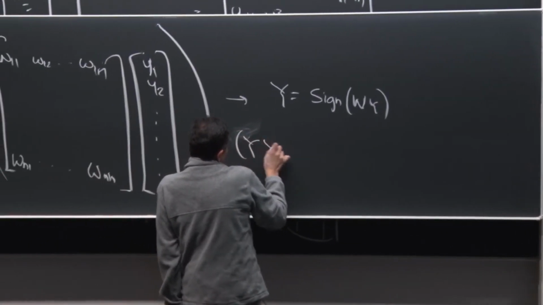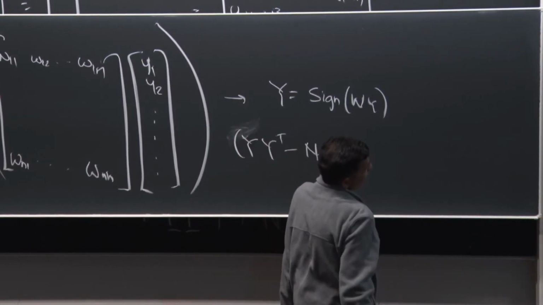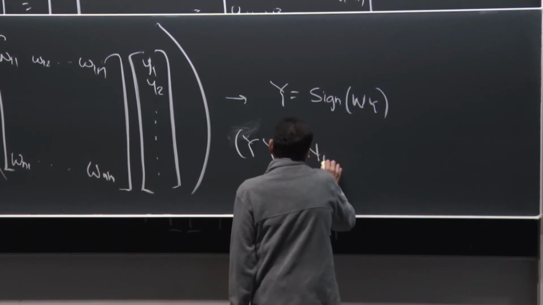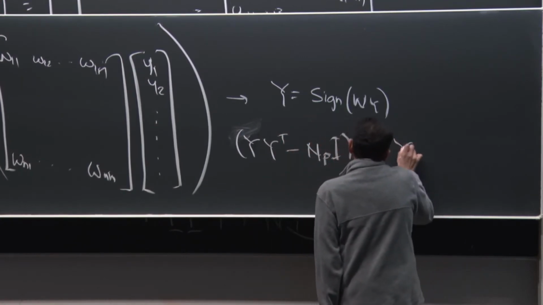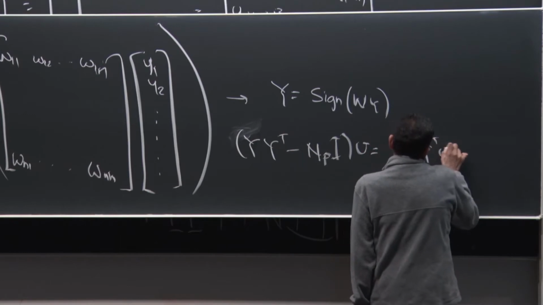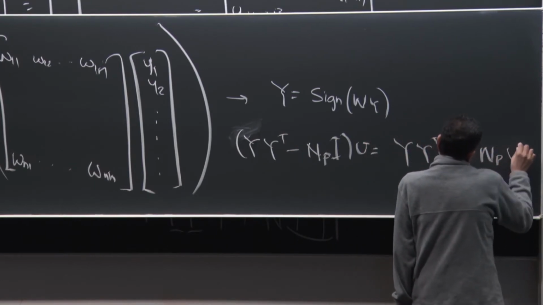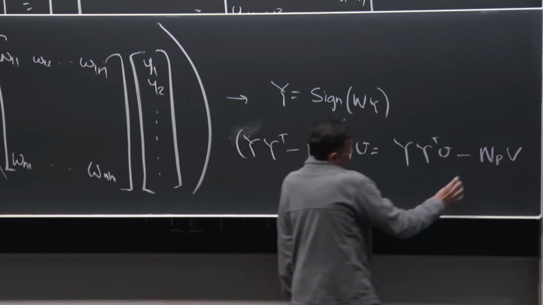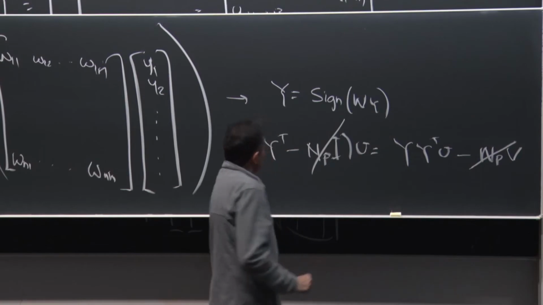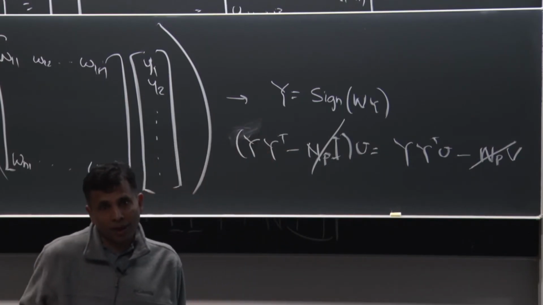So y transpose minus n p I v equals y transpose v minus np v, right? So I can cancel this term out and you get y transpose. Basically, this shows that v is also an eigenvector of y transpose.